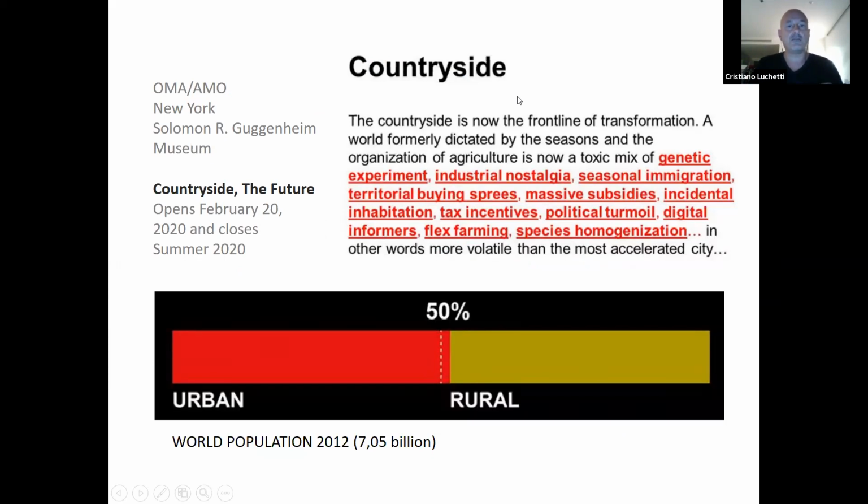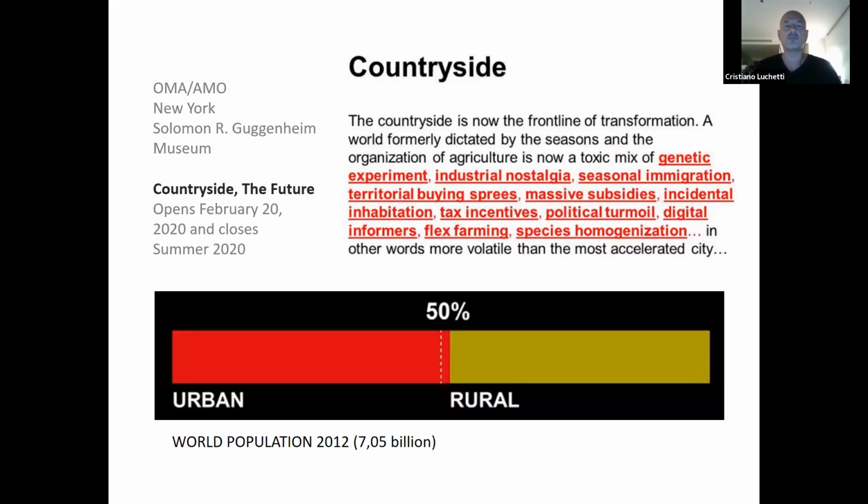Now, I'm taking some definitions from the research of Rem Koolhaas, in his research on the countryside, which led to the exhibition that just opened in February in New York. He says that the countryside is now the front line of transformation, a world formerly dictated by the seasons and the organization of agriculture, now a toxic mix of genetic experiment, industrial nostalgia, seasonal immigration, territorial buying sprees, massive subsidized, incidental inhabitation, tax incentives, and so on.